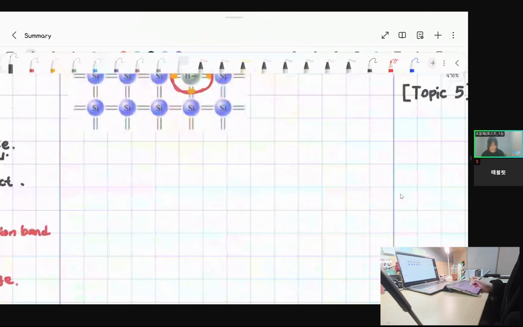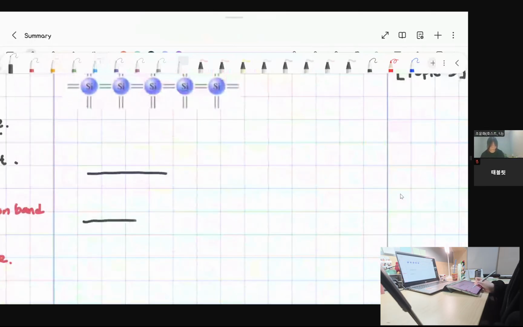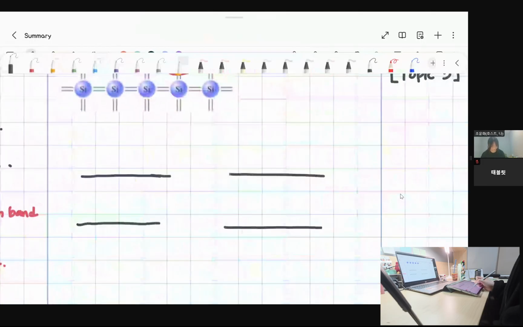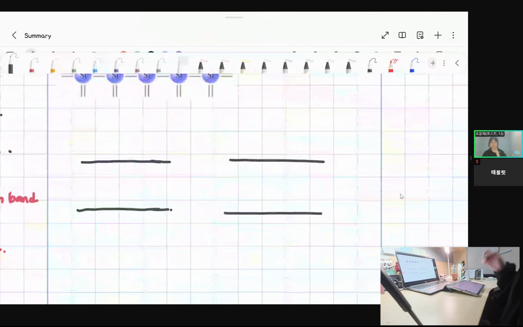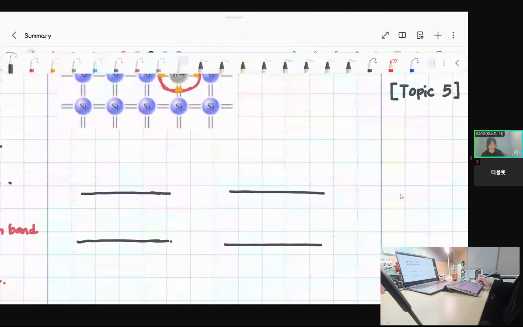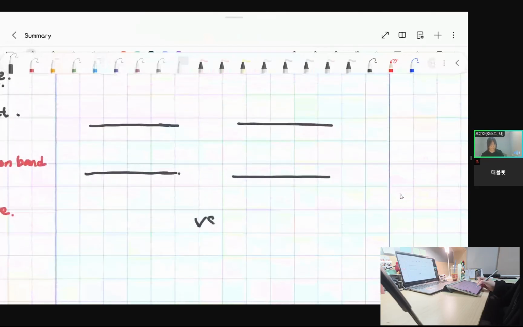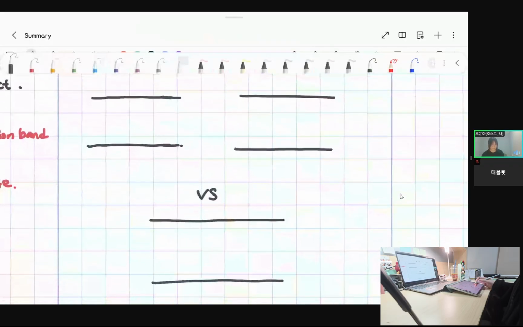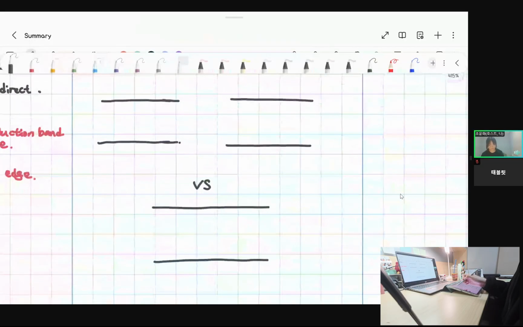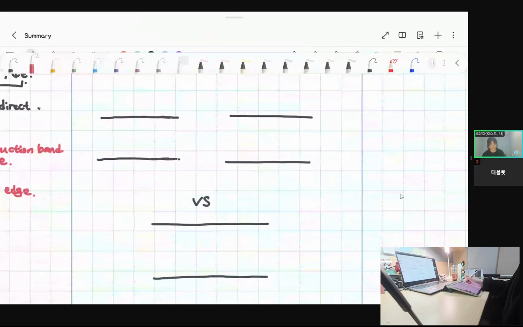By doing some doping, we can compare to the intrinsic semiconductor. Before comparing, we have to know the concept of the Fermi level.